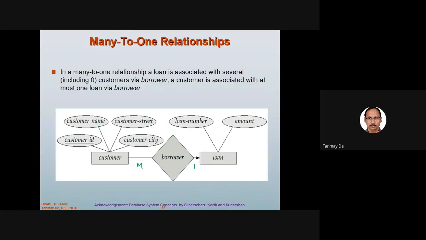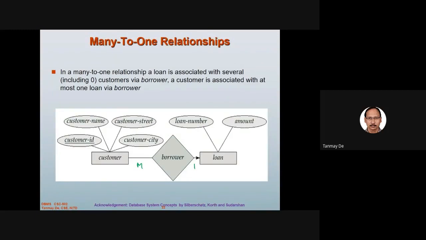So in that case, joint loan holder is possible, is it not? One loan can be jointly taken by multiple customers, but a particular customer can have only one loan from the bank.